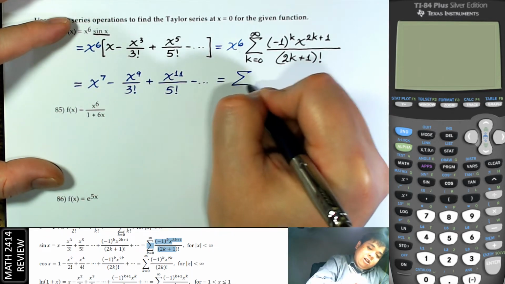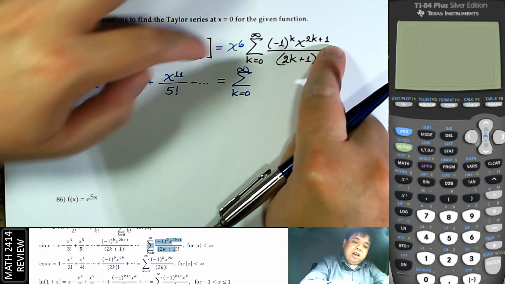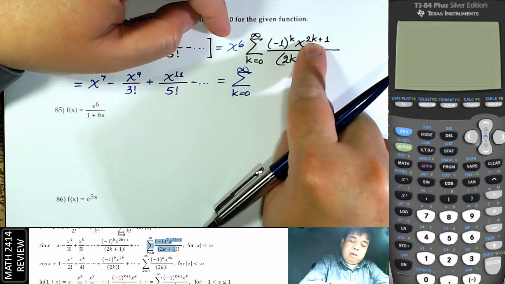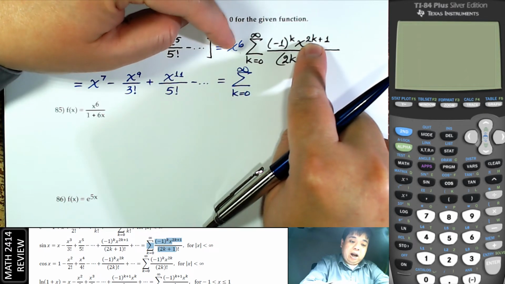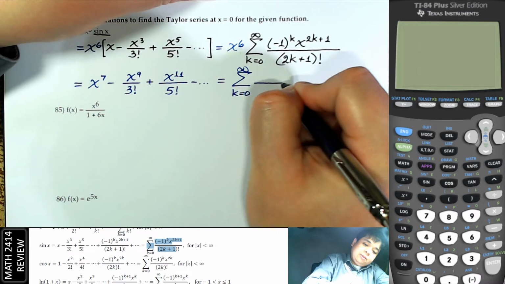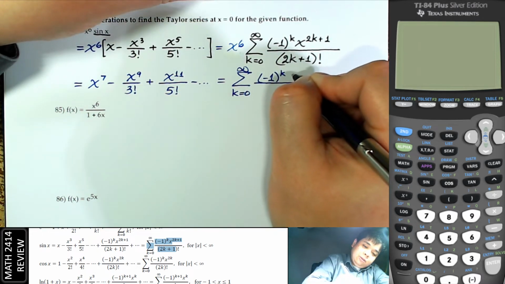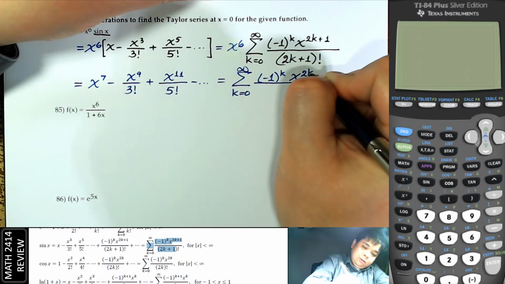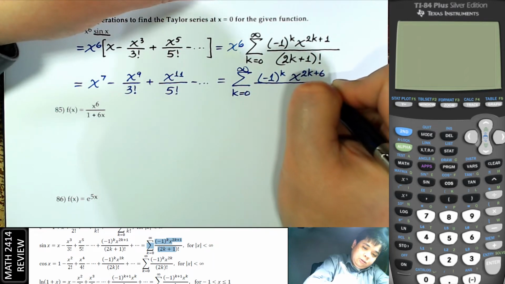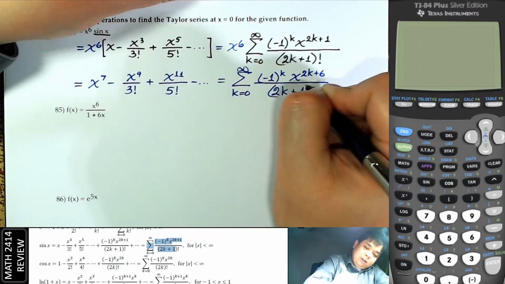or in summation, multiply the x here. 2k plus 1 is the power of x, 6 is the power of x. I add the power 2k plus 1 plus 6, and then over 2k plus 1 factorial.